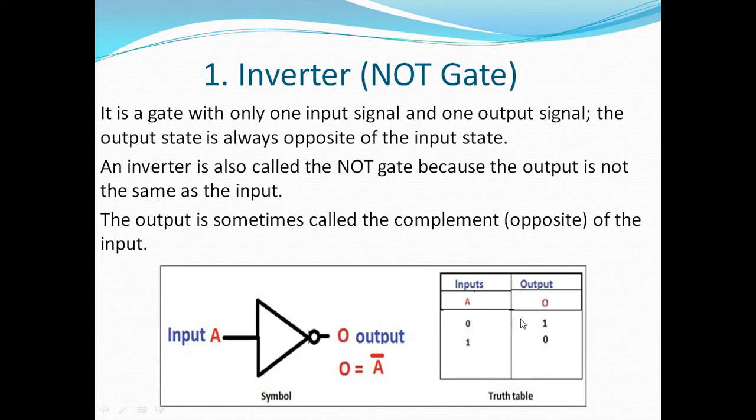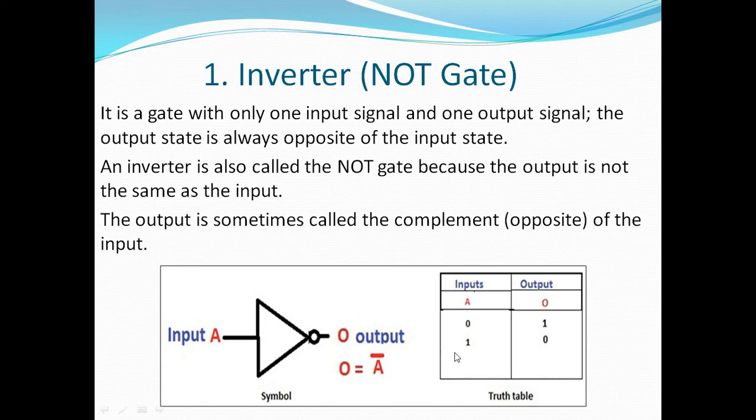So whatever input we give, the output will be the reverse of that input. One input and one output. The output is sometimes called the complement, or we can say the opposite of the input.